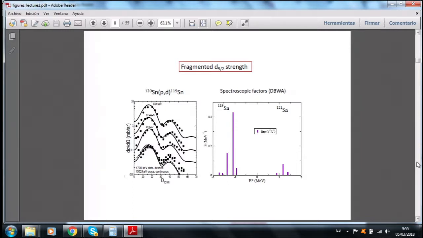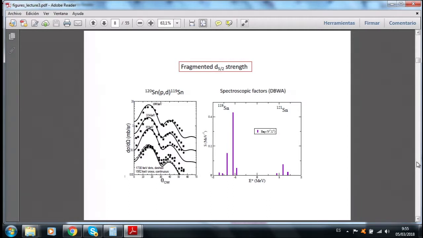But in this case, the reaction is the other way around. You send a proton, so a neutron jumps into the proton, creating the deuteron, and you end up with a 119 nucleus. And in this case, you populate very much one of the states, that one at 0.09 MeV.